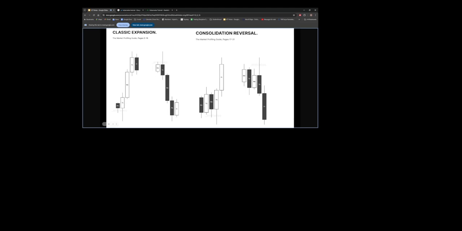This is the bearish profile. And you could have something like a consolidation reversal, where it consolidates the whole week, and then it shoots up on the last day. So the idea is to predict which one of these profiles is most likely to happen for the week.